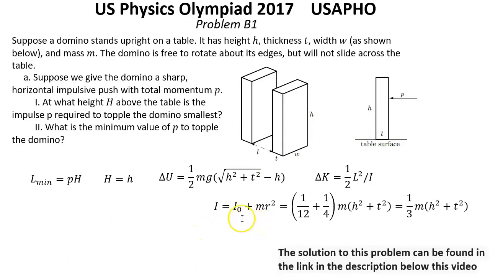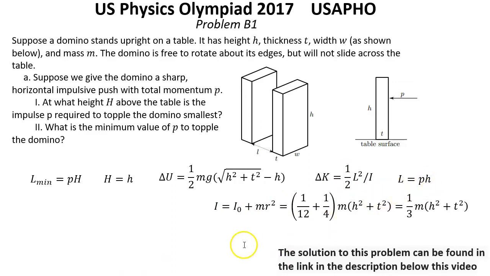That will be I_0 + mr², where I_0 is the moment of inertia around the center of mass, which is (1/12)m(h² + t²), and r is the distance from the down left corner to the center of mass, which is (1/2)√(h² + t²). So that will be the total I for this domino around this down left corner, which is (1/3)m(h² + t²). And the angular momentum equals P multiplied by H.